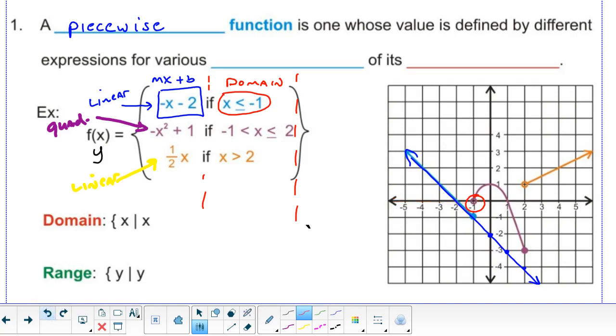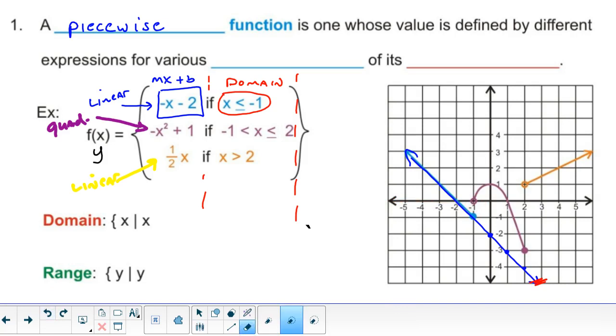And what does that cause me to do? It causes me to erase, let me grab my eraser, all these values and only leave the part of the line where the x is negative 1 and lower. I hope that makes sense.